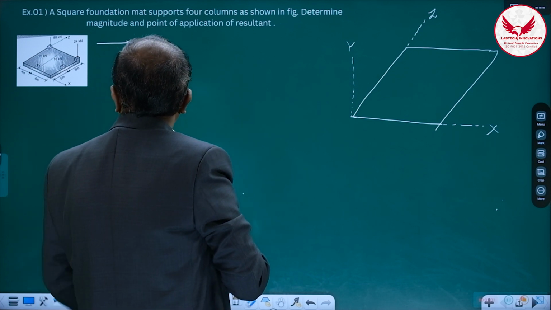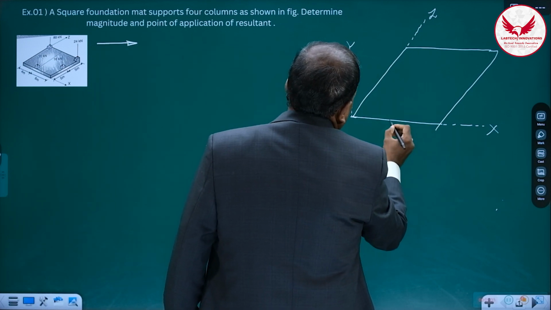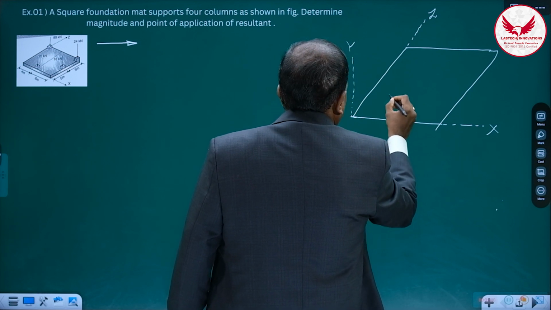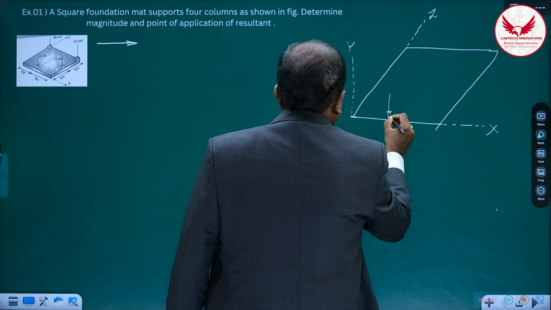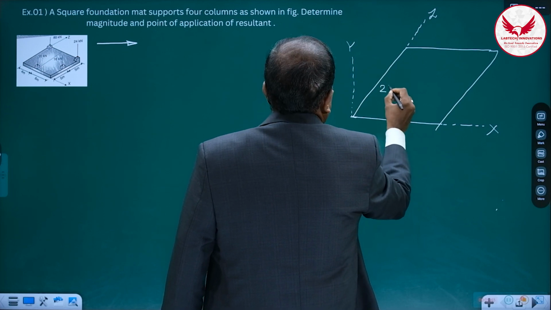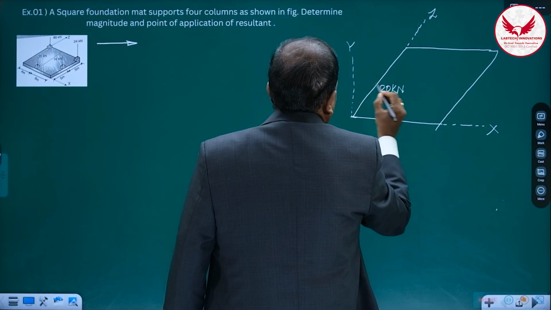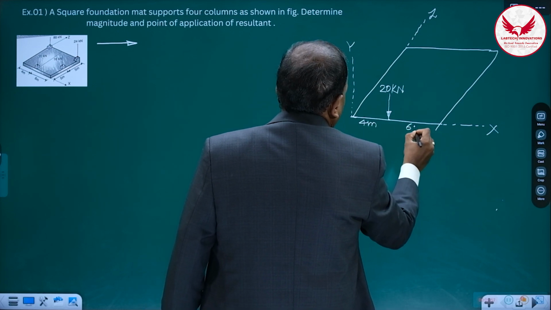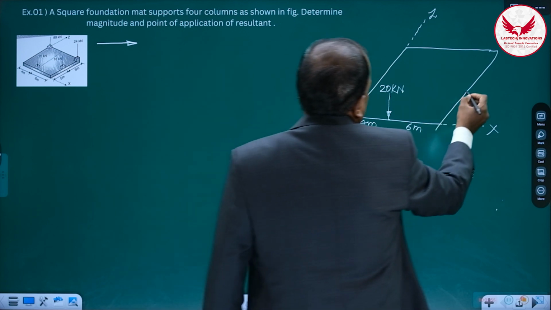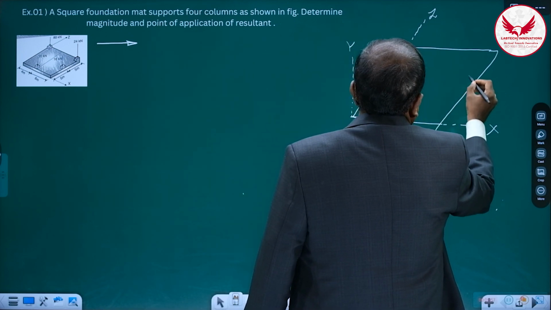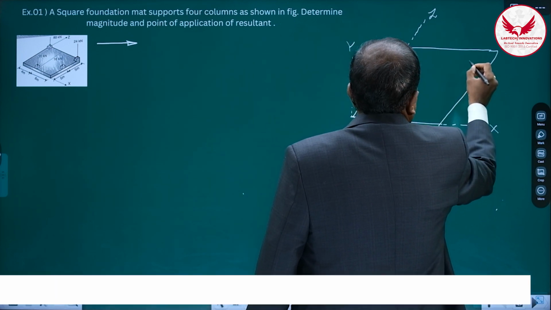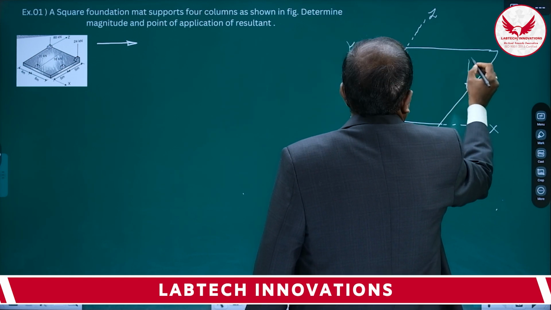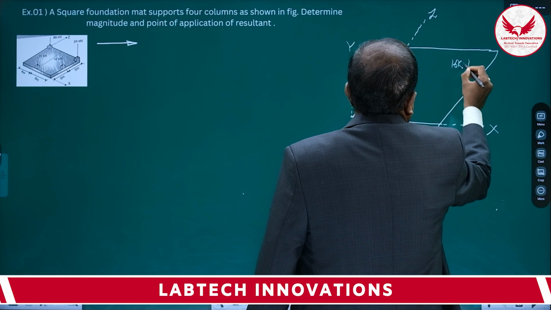At a distance of 4, if it is 10, at a distance of 4, there is a 20 kilonewton force in downward direction. See, I am drawing a very simplified sketch. So it is 4 meter, it is 6 meter. And this is also 10, square means it is also 10. And here, how much force is acting? 16 kilonewton.